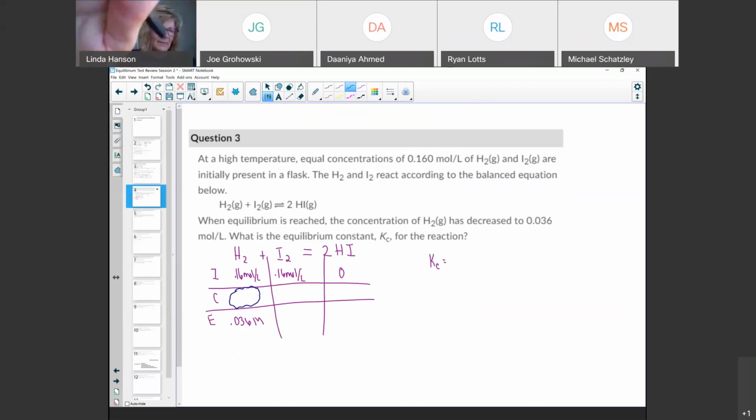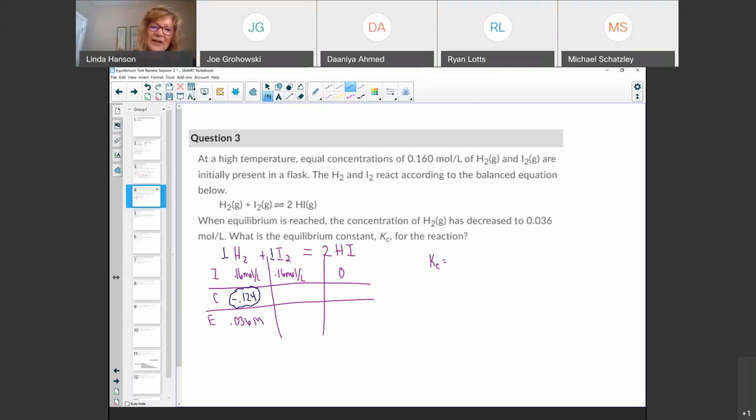So when I take 0.16 minus 0.036, hydrogen decreased by a value of 0.124 molar units. And I can see that the hydrogen to iodine stoichiometric ratio is 1:1.